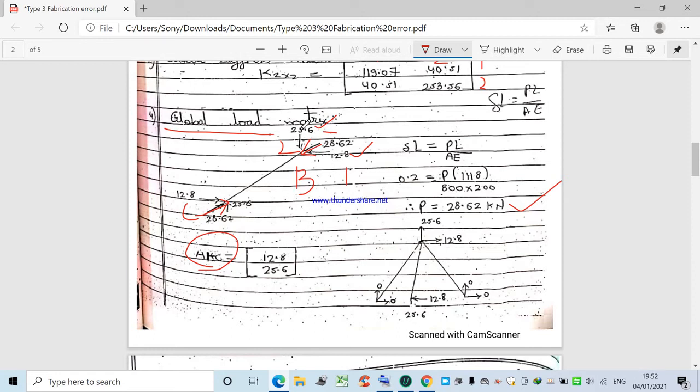Similarly, 25.6 is going in the downward direction, so as per the summation of Fy rule of the equilibrium condition the sign should be minus, but as we are writing the AFC coordinate, that is matrix form, the sign in the matrix will be plus. While representing this force in the actual diagram, the sign convention will be opposite, so actually it should be 12.8 and 25.6 in the actual diagram like this.